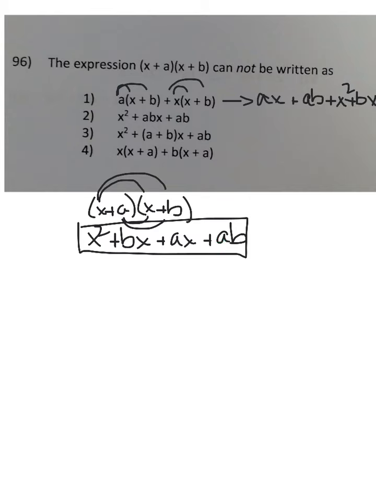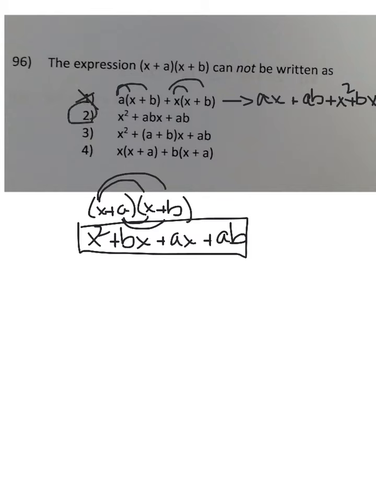Okay, but they want to know which one is not equivalent, so choice 1 can't be the answer. Choice 2 can't be the answer because what I have right here doesn't match what I have here. We can't add these. They both have x's, but a and ab, we can't add them. They're not like terms. Okay, so I'm thinking that's the answer.